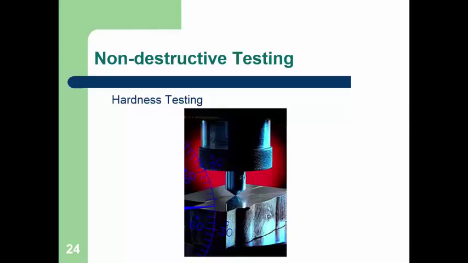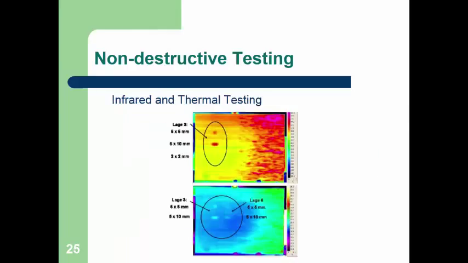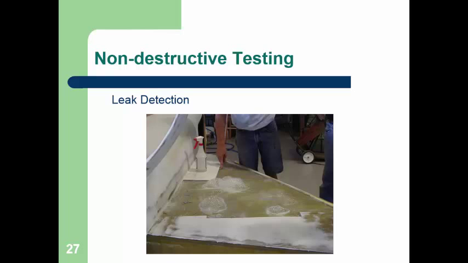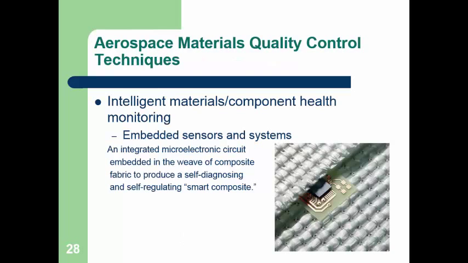Positive materials identification, laser and infrared testing, leak detection. This is something we don't normally talk about, but particularly when we're talking about building structures such as fuel tanks and buoyancy chambers in boats and that sort of thing, this becomes a real big issue.